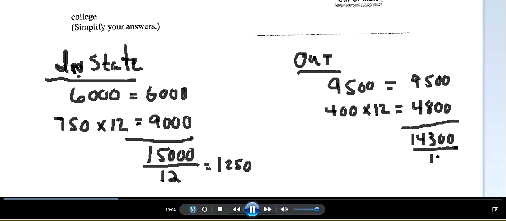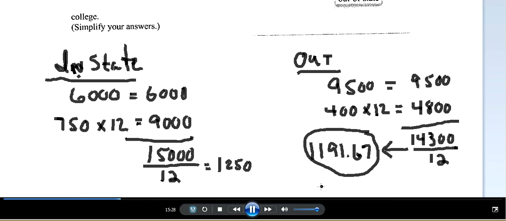Divide this by 12. Okay, and this equals $1,191.67. Okay, and what's the least expensive? The out of state. Which doesn't seem right, but alright.